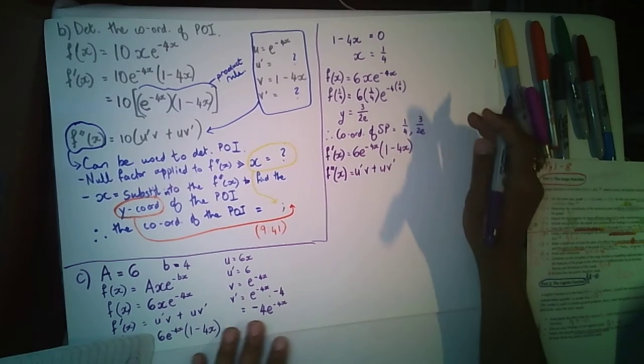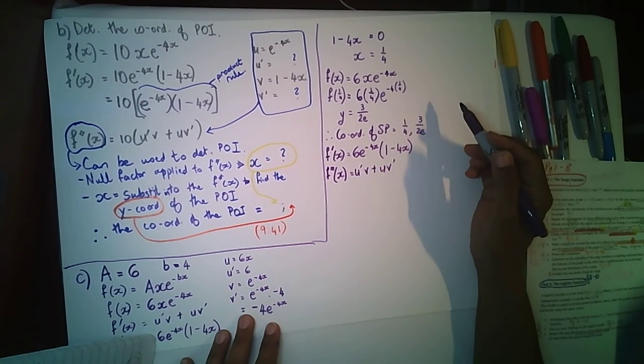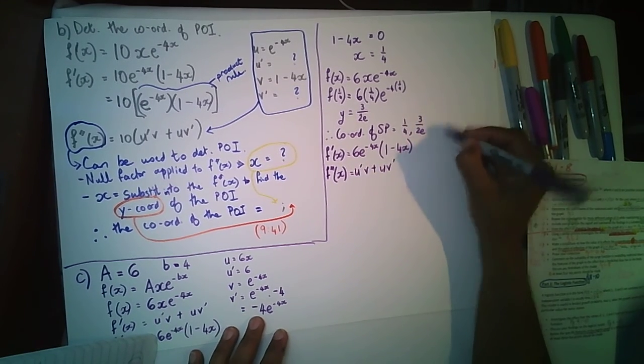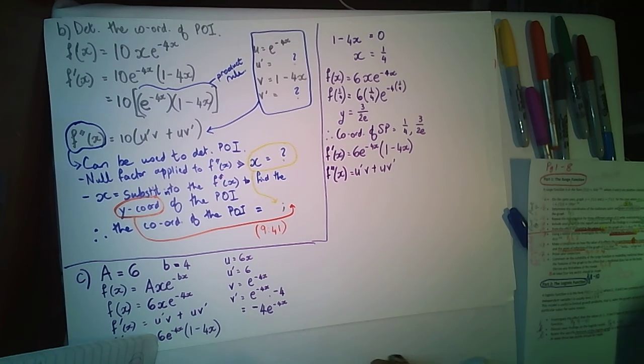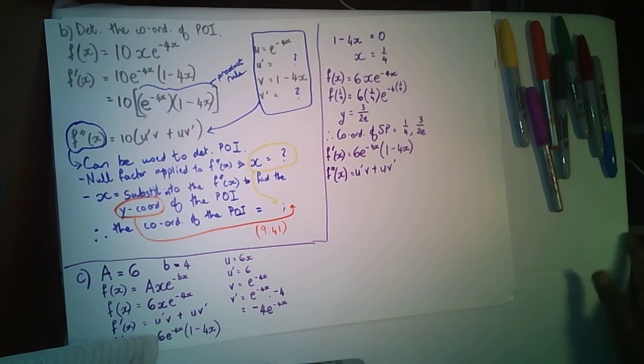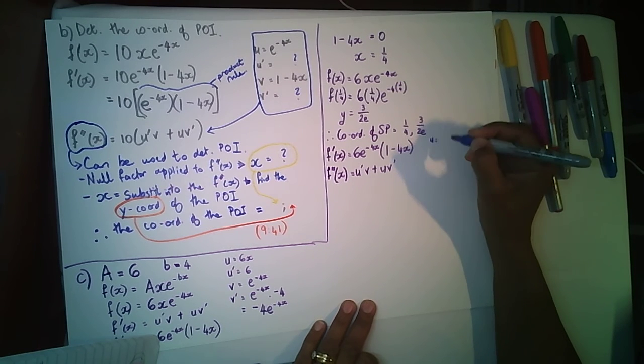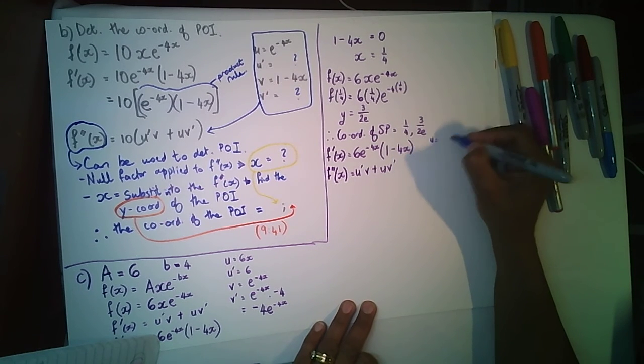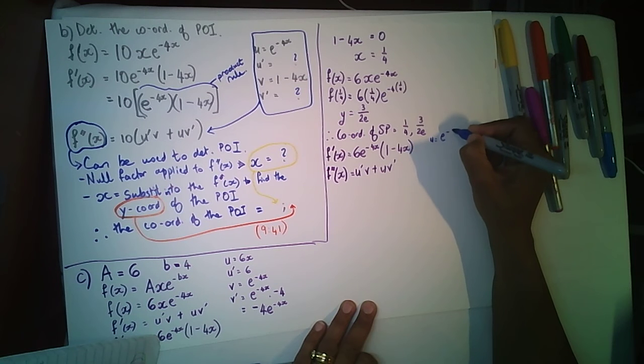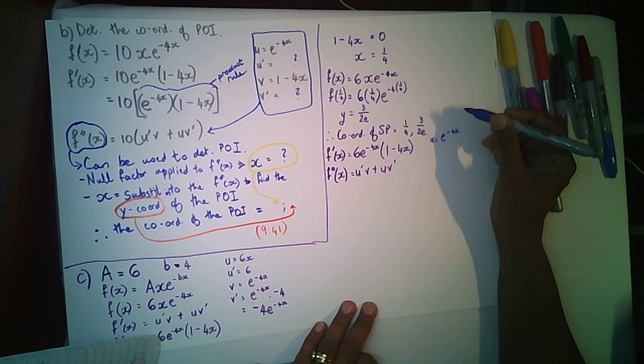Just a reminder that you can break your two functions down, and you've got u this time. I might just use a different color pen so you can see where we are.